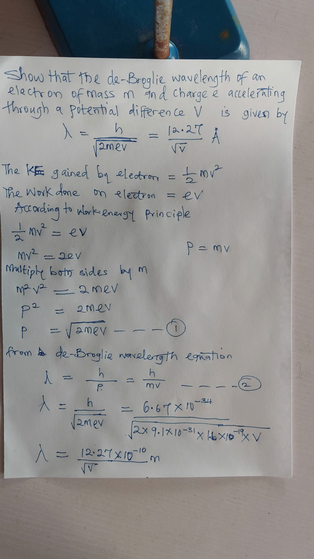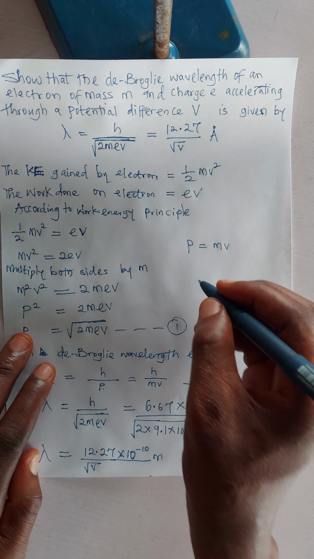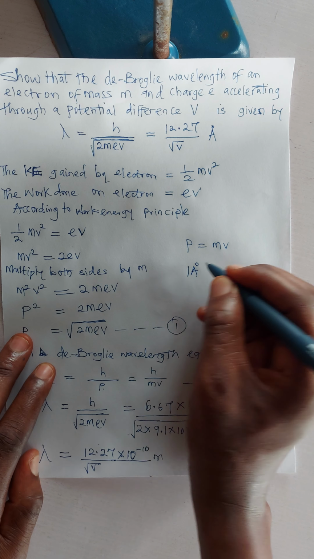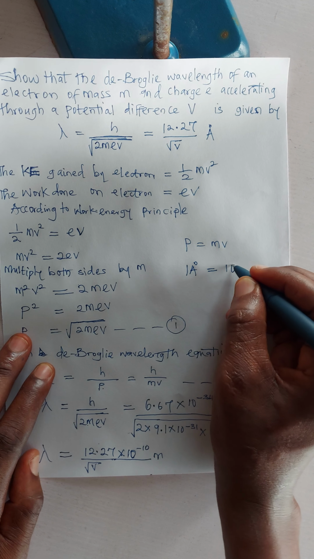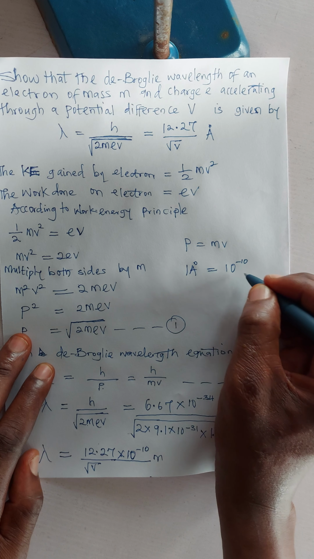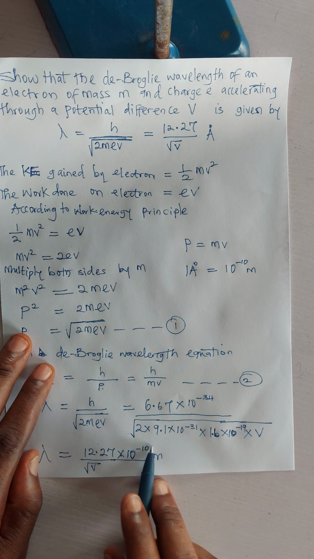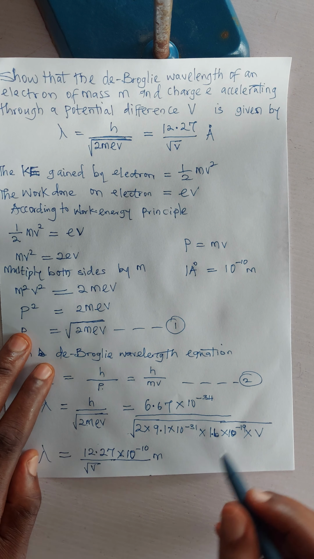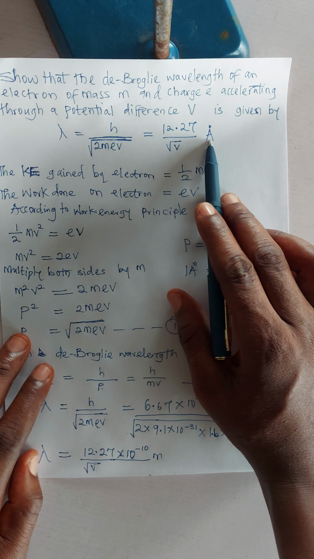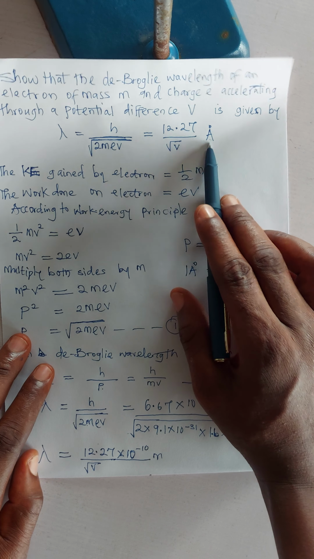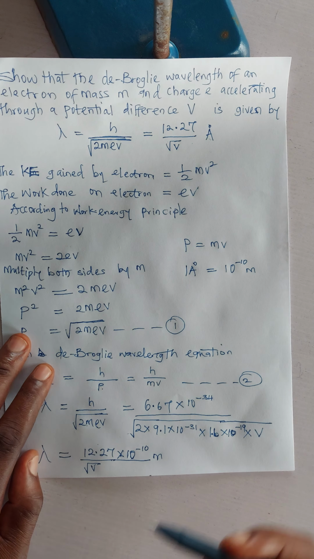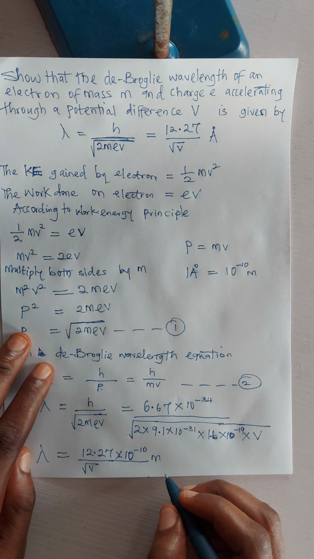So this is what you are going to have. Remember that 1 Angstrom is equal to 10 raised to the power of minus 10 meters. So I can substitute Angstrom in place of 10 raised to the power minus 10 meters here, because Angstrom is the unit used in the question, not meter. So I have to take it back to Angstrom.